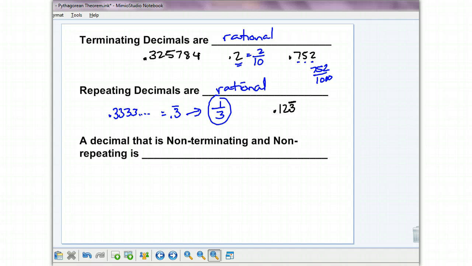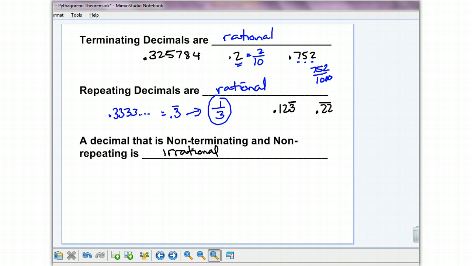And I'll show you how to do that in a little while. There's also things like 0.22. Different parts of things can be repeating, and all those are actually rational numbers as well. A decimal that doesn't terminate or doesn't end and doesn't repeat is what's called an irrational number.